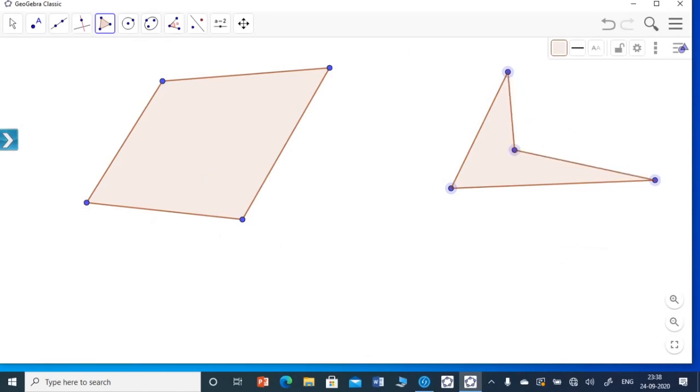And look at this figure. The first one is a convex polygon and second one is a concave polygon. What is the difference between convex and concave polygon? What difference do you observe?